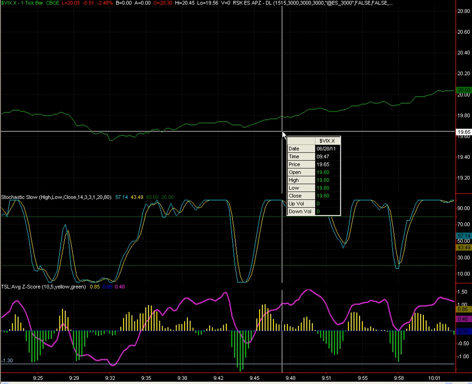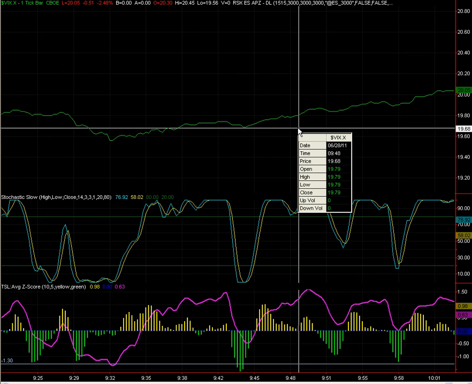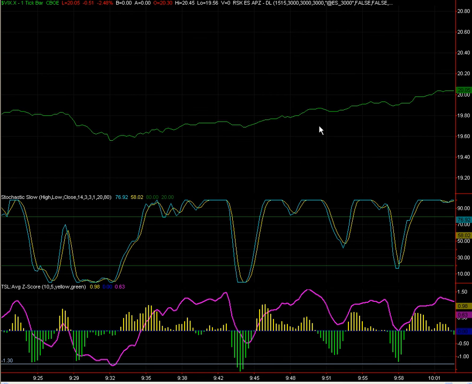Probable change in market direction, very high. Tighten the stop if nothing else, and more than likely take profits, get out, and wait for another opportunity. Because that's just exactly what happened. And that is typical. There's nothing unusual about that. That's what we normally see occur.